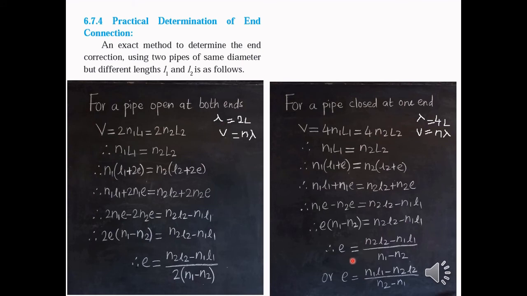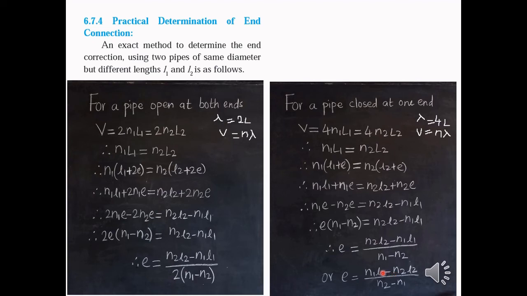Therefore, E, that is the end correction, is equal to N2 L2 minus N1 L1 divided by N1 minus N2. Now, instead of taking this term to LHS, if you take this term to RHS and this term to LHS, we'll get E is equal to N1 L1 minus N2 L2 divided by N2 minus N1.